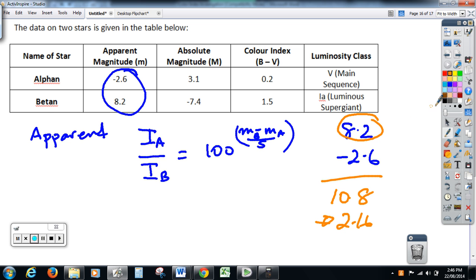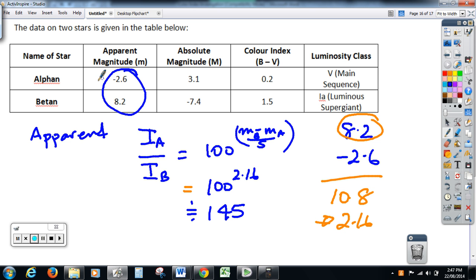So this equals 100 to the 2.16, which equals, if you just do inverse log of that answer, 144 or 145 approximately. Now this means that one of these stars is 145 times as bright as the other.